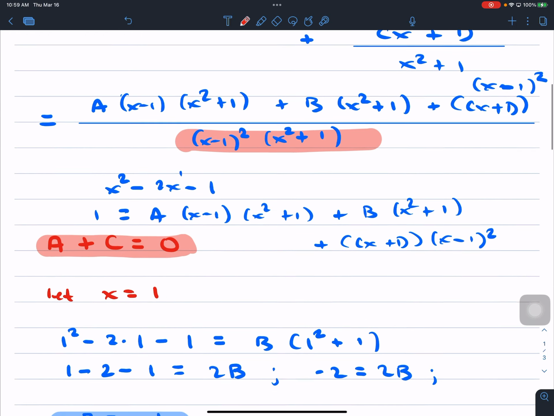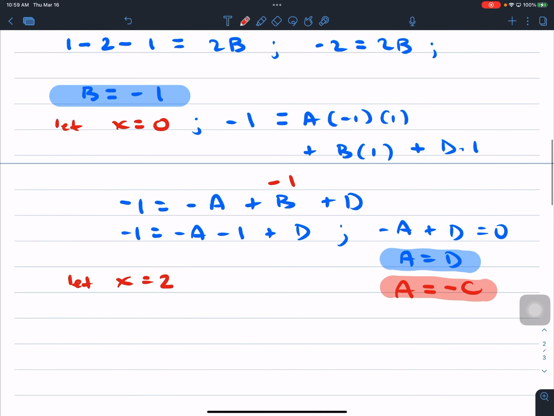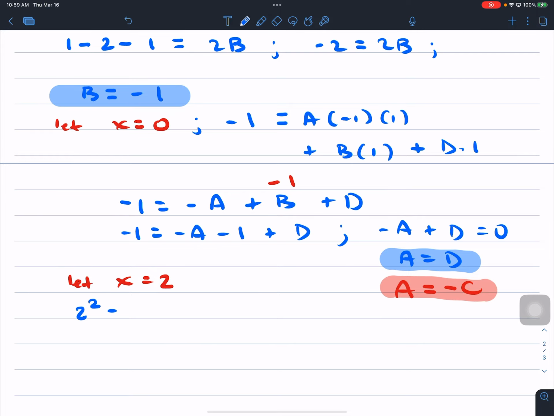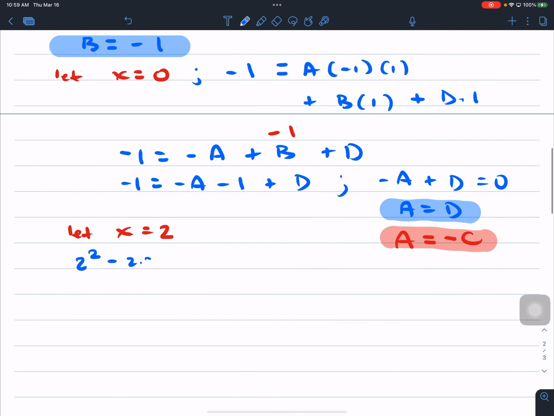Where's our equation? Plug in a 2. What do you get on the left? Two squared minus what? 2 times 2 times negative 1.